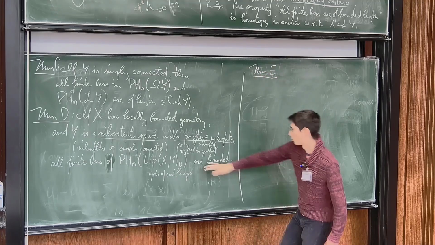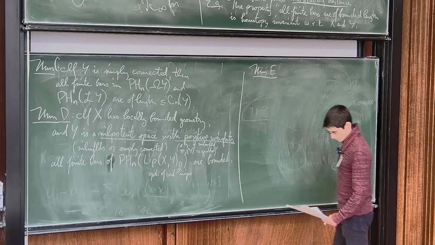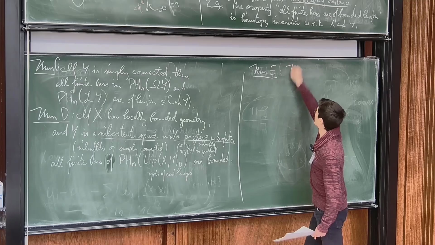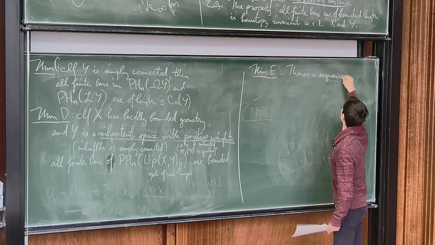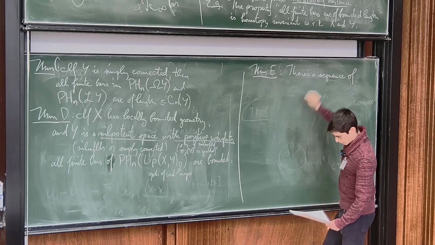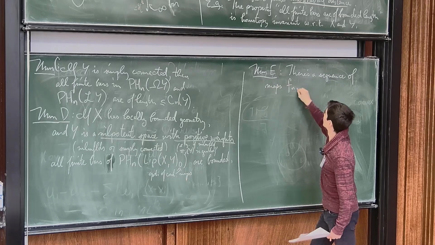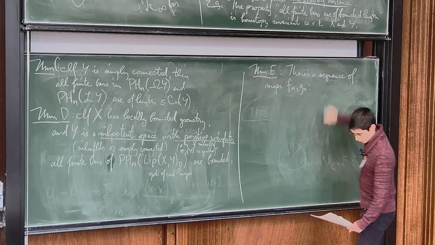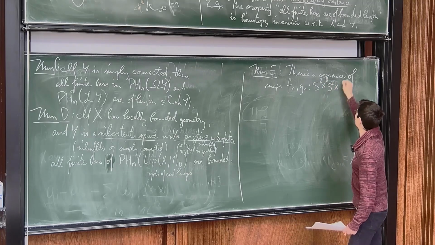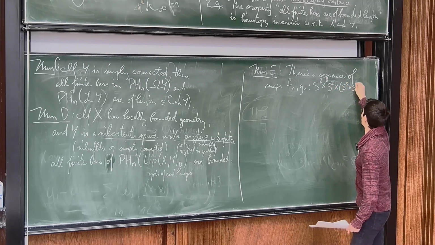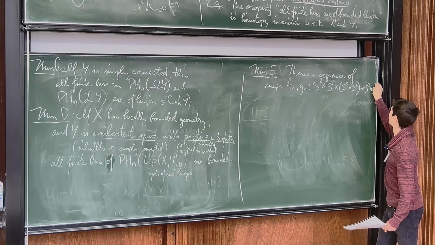So if you remove this component of constant maps, then there's a sequence of maps between the following two spaces, S2 cross S2 cross S3 wedge S3 to S3 wedge S3, right?